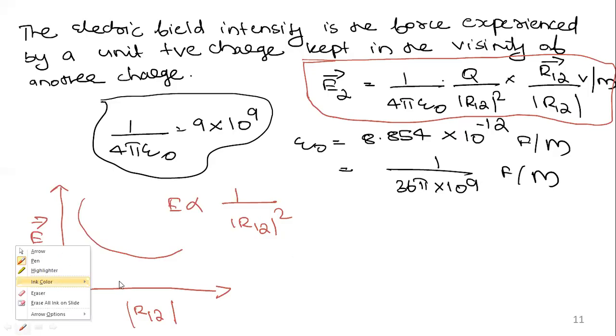Now we have talked about two charges. If we have more than one charge, I'll go to the next slide. For example, there is a point P here, and you have charges Q1, Q2, Q3, and Q4.